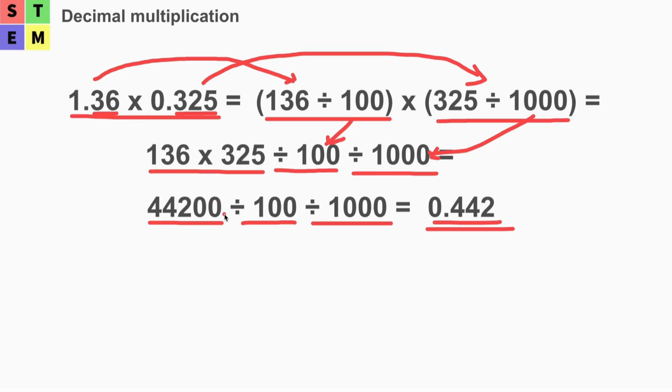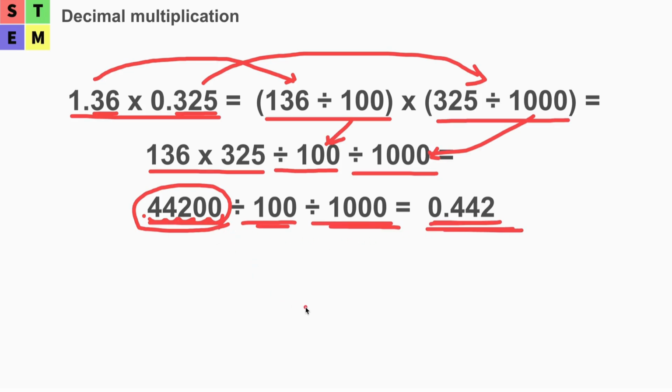So what we're going to do here is we first got this number as the result, and then divide by 100 and divide by 1000. So we move the decimal 1, 2, 3, 4, 5 places. We want to get the decimal here, right? So that's why we have 0.442 as the result.